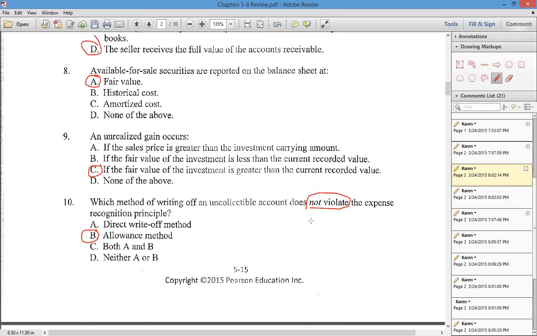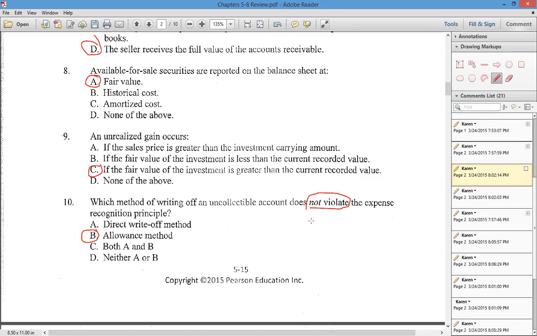I don't know which of my customers aren't going to pay me, but I know based on historical data, 3% of them are not going to pay me. So because of that, I'm going to go ahead and record 3% of my receivables as an expense so that I match it up with that revenue.